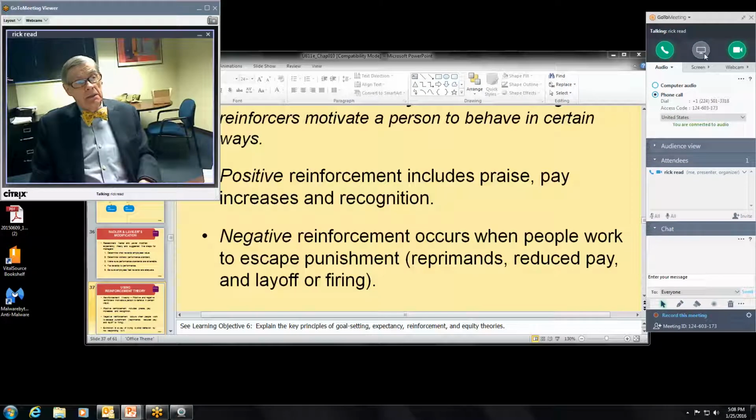Now, normally speaking, you would not use a layoff if you're trying to use negative reinforcement. Layoffs tend to be across the board and not at the individual level. What would happen at the individual level is a person's job would be abolished.